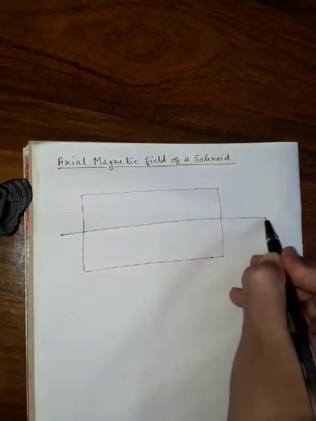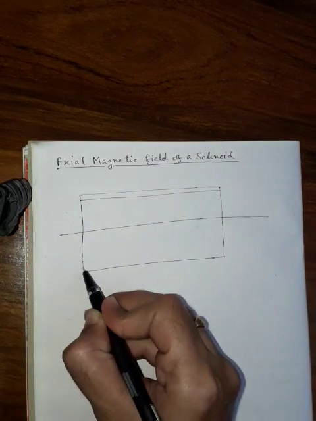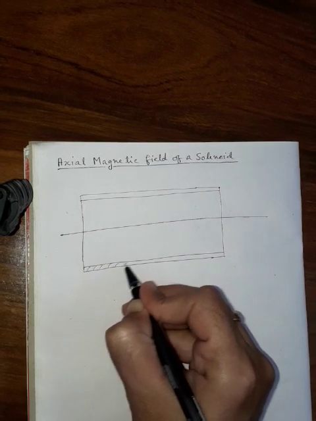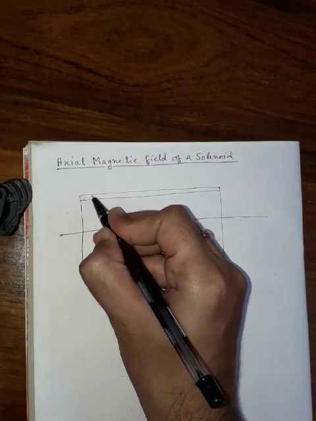This is the axis of the solenoid, and this region is the core of the solenoid.